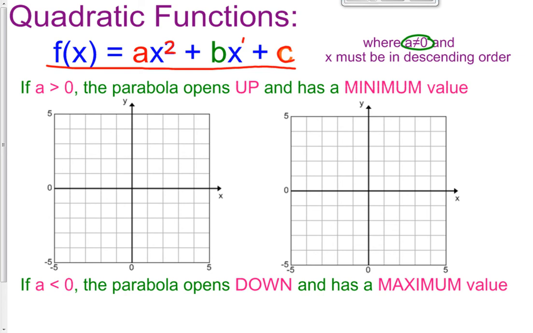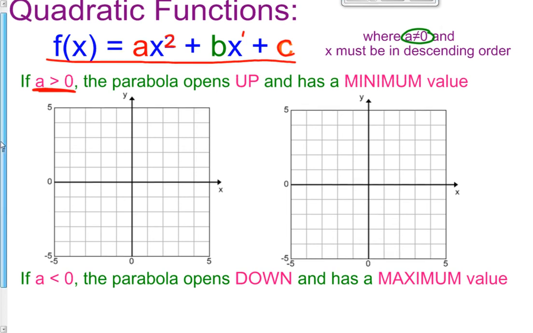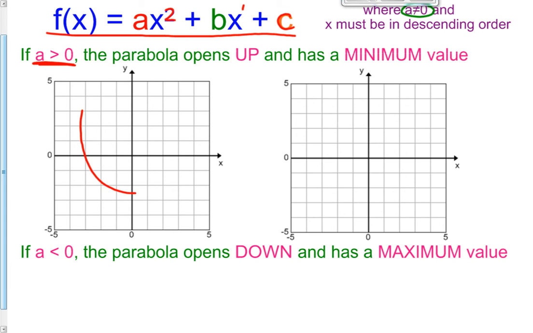Now that we know the standard form is ax squared plus bx plus c, if a is positive, which means a is greater than 0, then the parabola is going to open up. That U shape is going to open up. It's going to look something like this. If it opens up, then it has a minimum value.